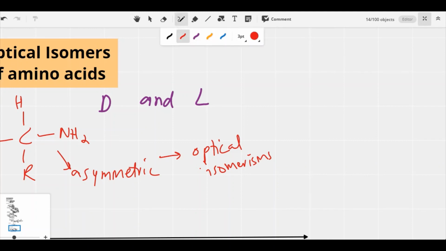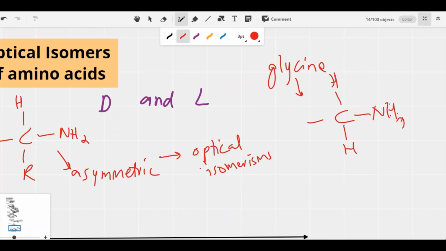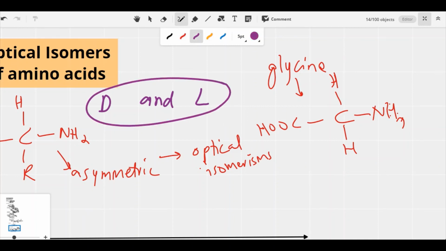Glycine is one of the amino acids where, as you can see, both sides have the same group, so that's why it is not optically active.